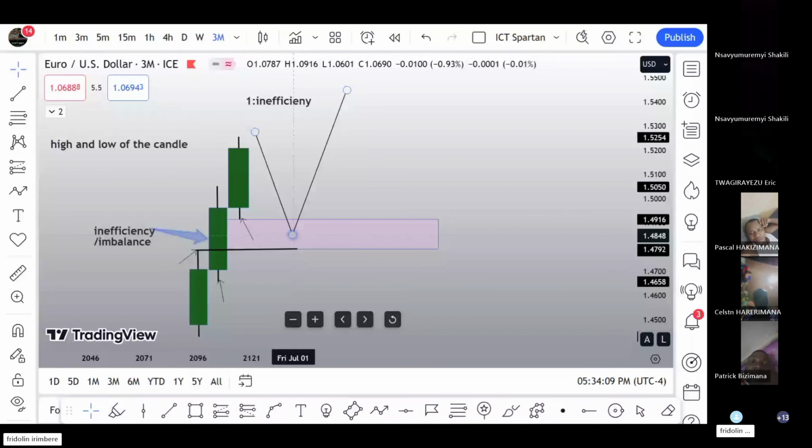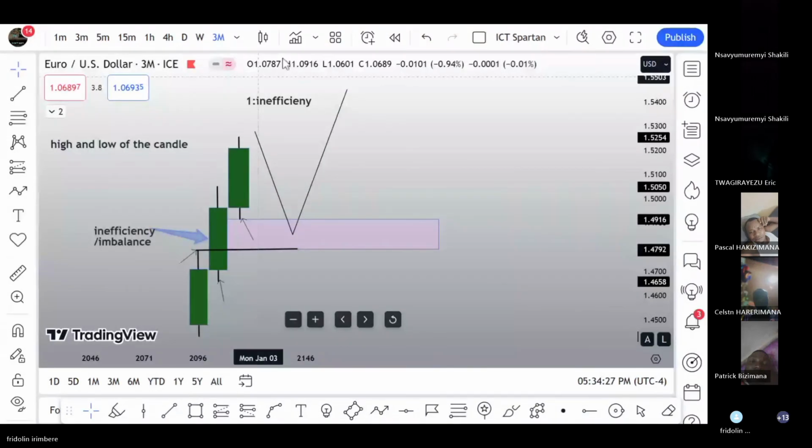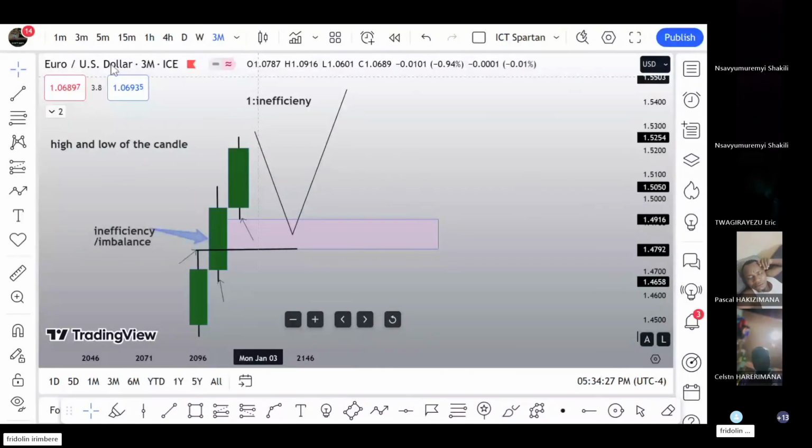So hano ndibaza muriyibuka, I taught you about, you see here, look up here, murabe neza hano hejuru. You have this euro USD, euro US dollar, 3 months. Hano turafita zero. This is not zero, it's O. O means open. H means high.